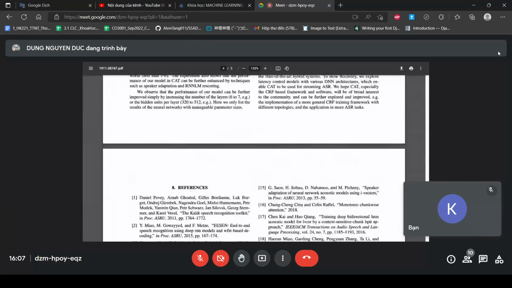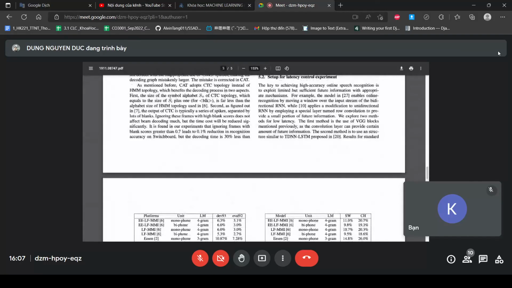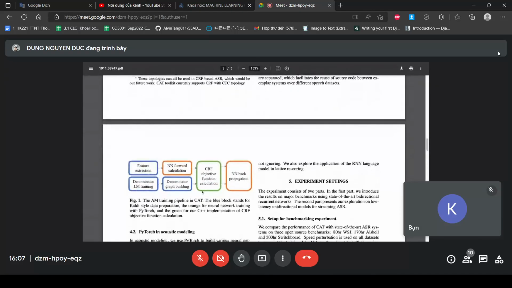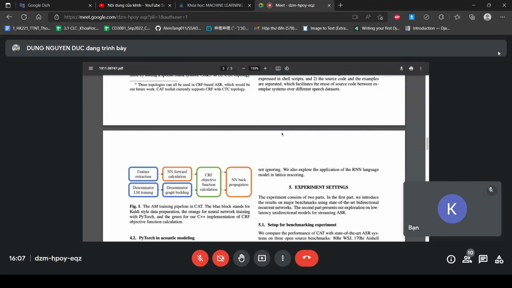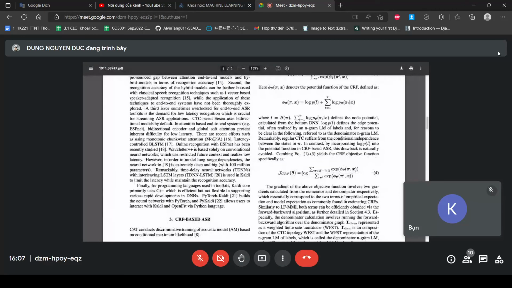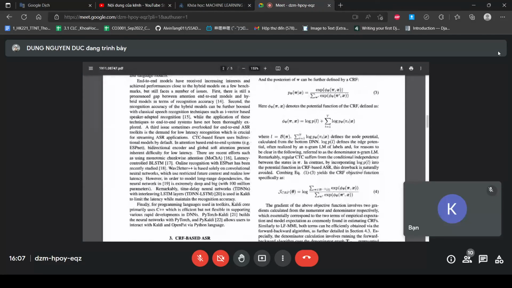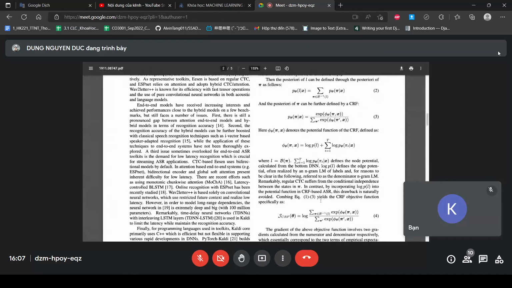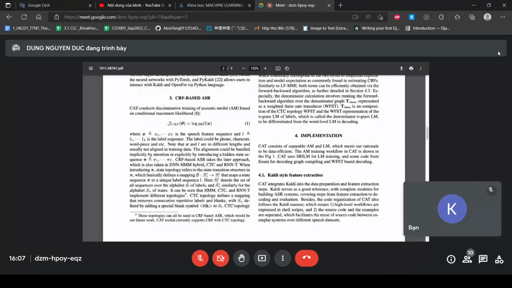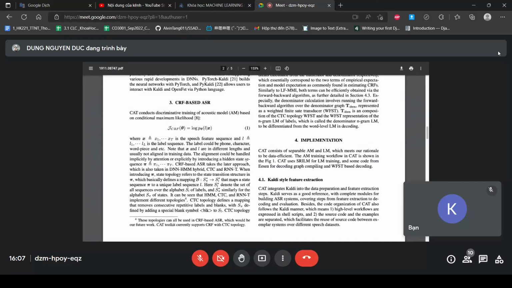I think in the paper they don't describe a lot about how they derive the formula for the CRF objective function. That doesn't matter because CRF is something so standard that they don't even care about explaining it. But it's good to know that until nowadays people still use CRF for some problems.